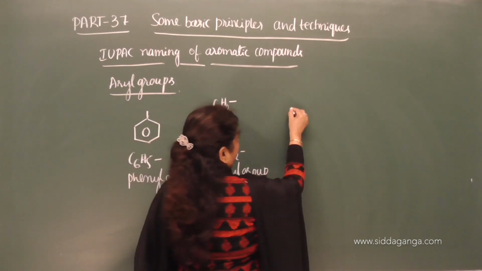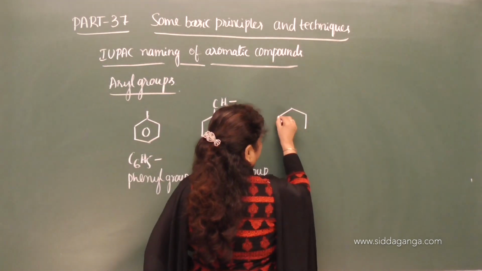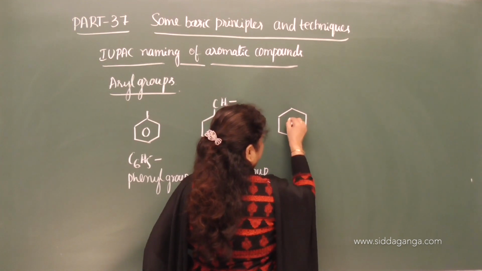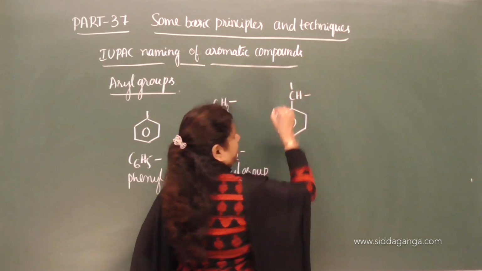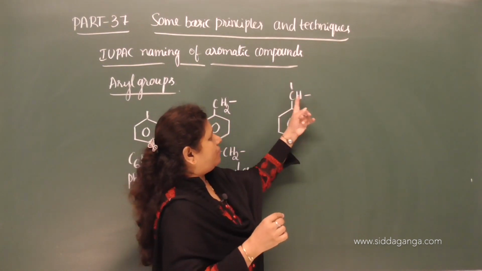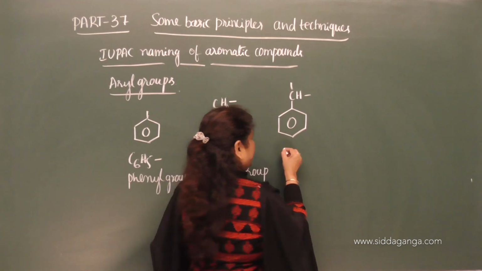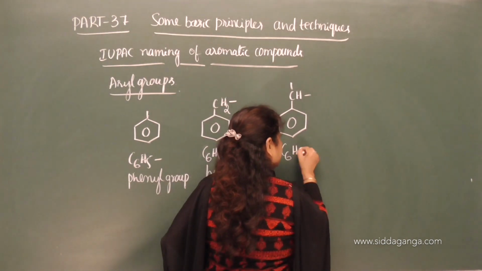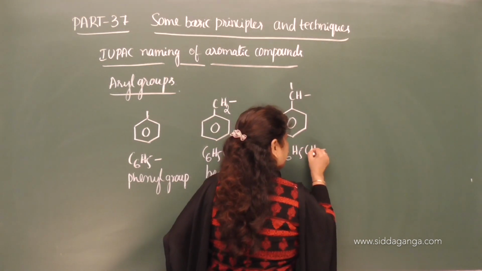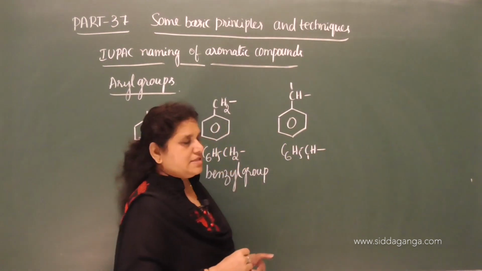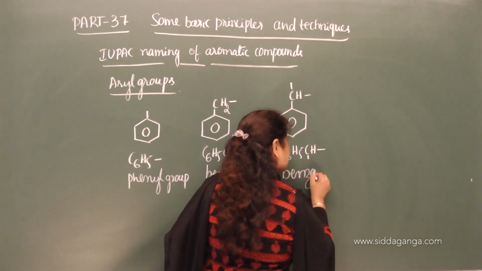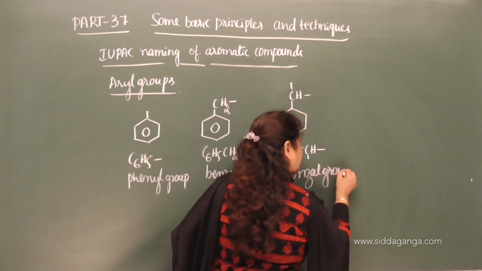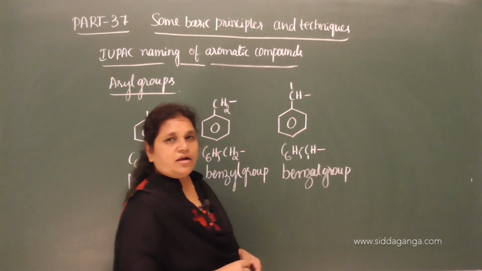Now, you remove 2 hydrogens of the methyl group from toluene. You will get 2 vacant bonds on this carbon and the group becomes C6H5CH, and the name of the group is the benzal group. What is the name of the group? Benzal group.